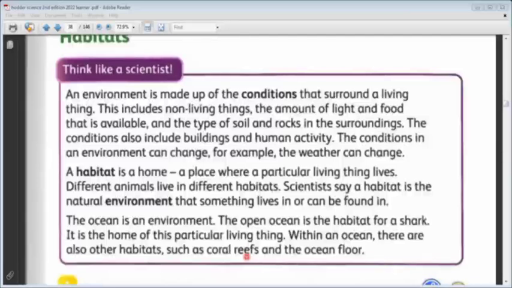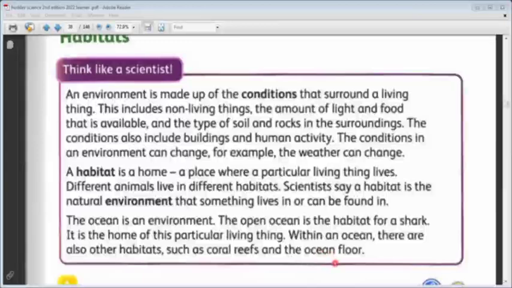Do you understand, Sabah? Yes. Okay, so it is the home of this particular living thing. The habitat is the home of the particular living thing. As we say, the open ocean is an environment, while the coral reef is a part of the ocean environment, and we call it a habitat for some living things.